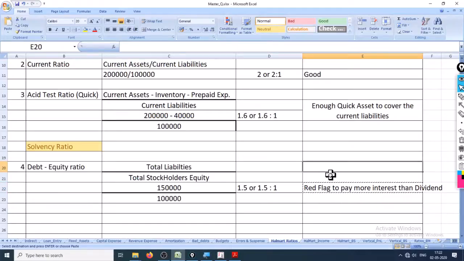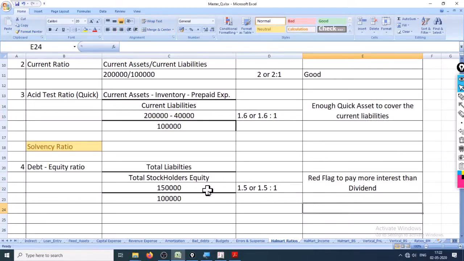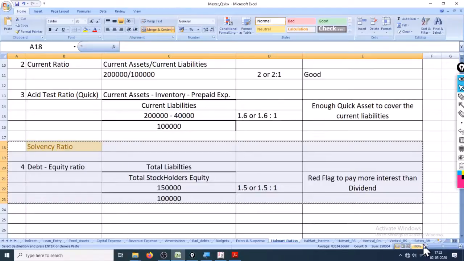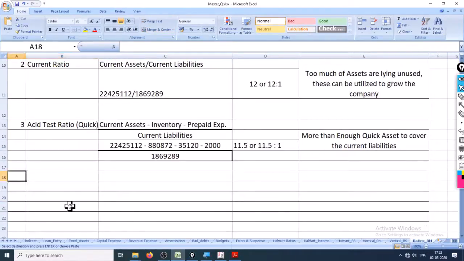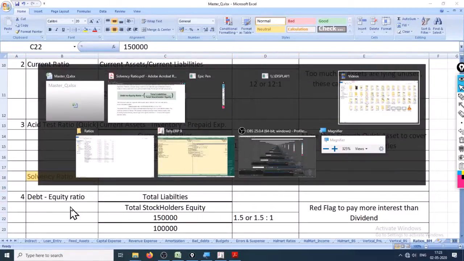Now this is the formatting part which I hate the most, but still I do it every time. Let's come to this one right here, that is our own company. Ratios of this. How much is the total liability? Just a second.